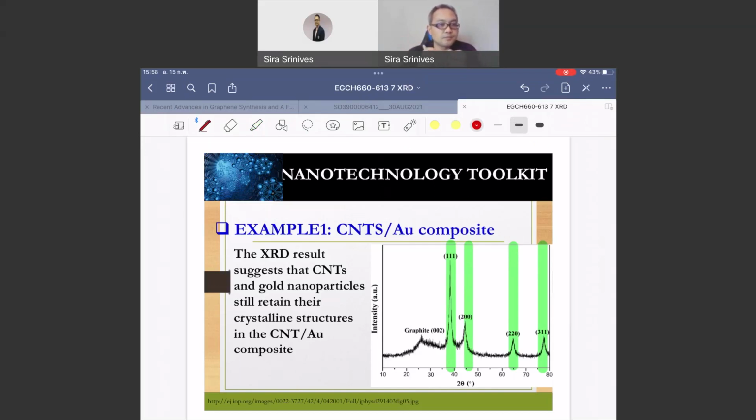They just stay together, attached together, but they're not changing one another. One is not disturbed by the presence of the other. It's just attached together with a chemical bond or a physical bond whatsoever. But crystallographically, it maintains its original structure. That's what I'm trying to draw from the XRD curve here.